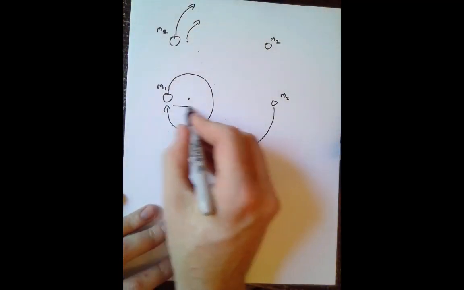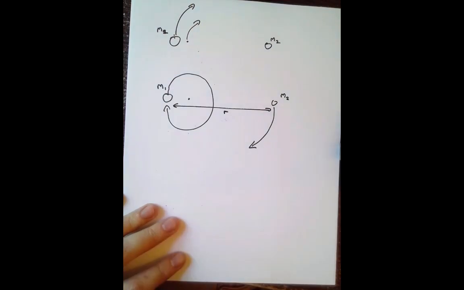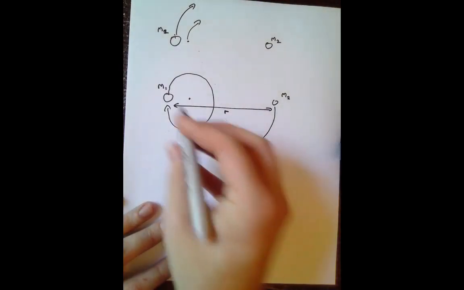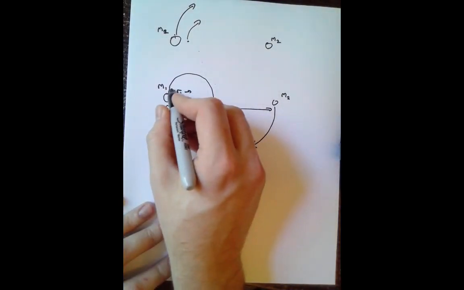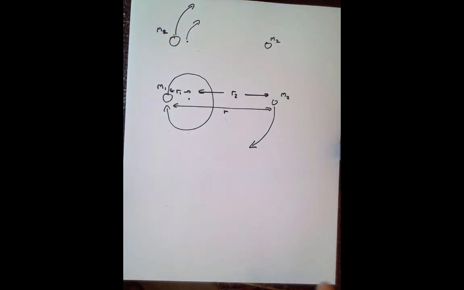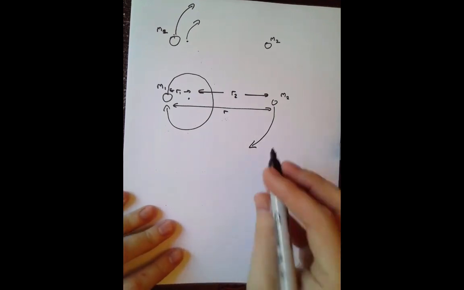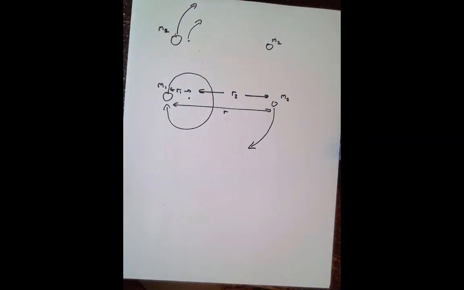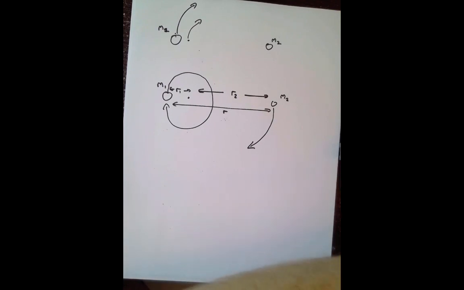They still have a total separation r. Let me relabel R1 and R2. Okay, so let me switch colors so we can see what's going on.